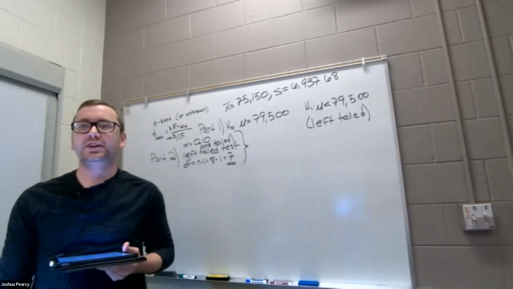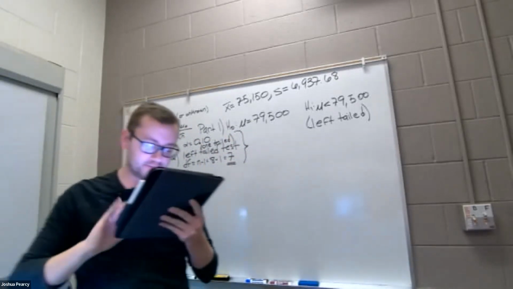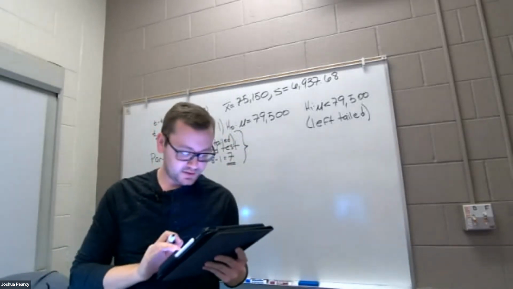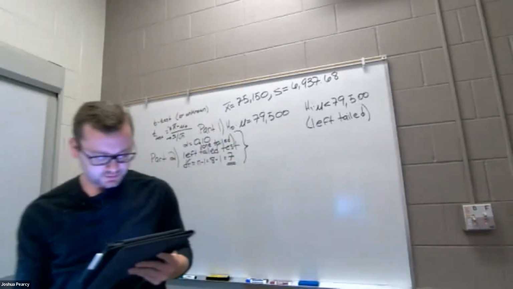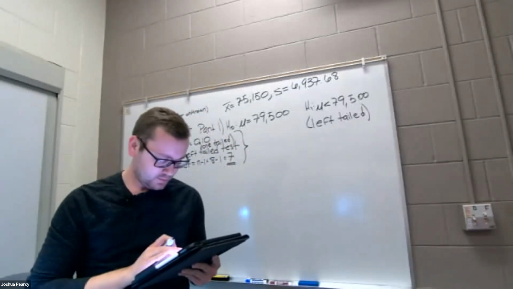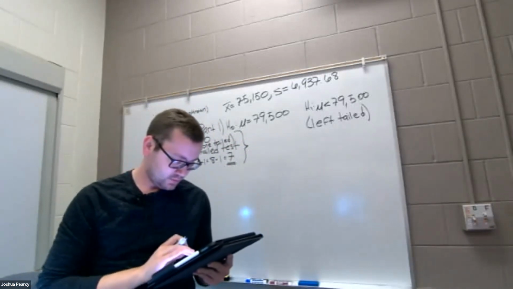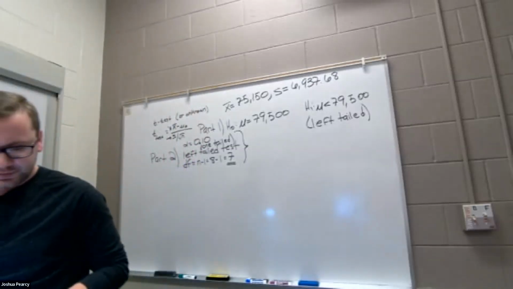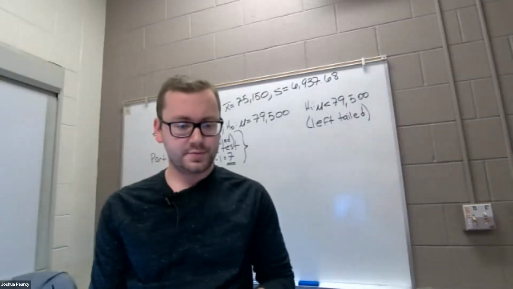You want me to show you how to find it again? We'll do that. Let me go in here real quick. Here we are. I'm going to flip it back around again.